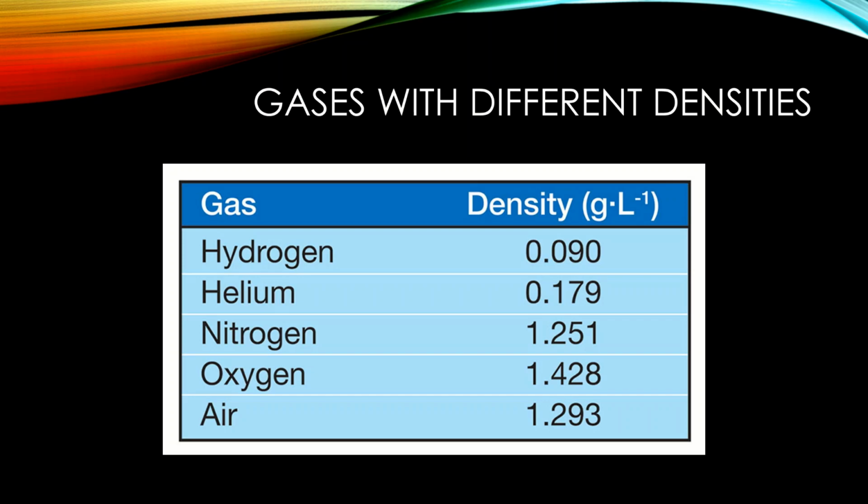Oxygen is only slightly more dense than air. Carbon dioxide is more dense. Hydrogen is the one that has the least density of all of these.